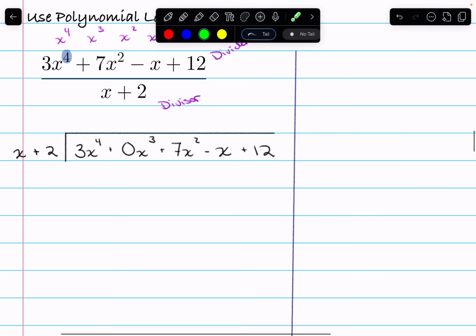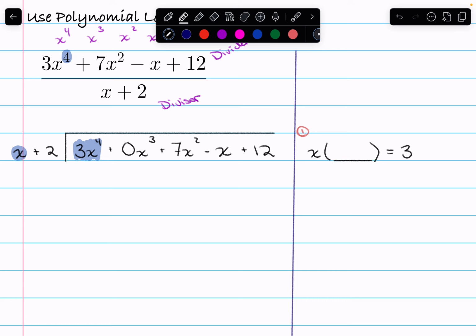Okay, and the way you do that is step one, we are going to take the first term of our divisor and we're going to multiply it by something to get the first term of our dividend. So I'm going to set it up like this. The first term of our divisor is an x times something, we'll figure out what that something is going to equal the first term of our dividend.